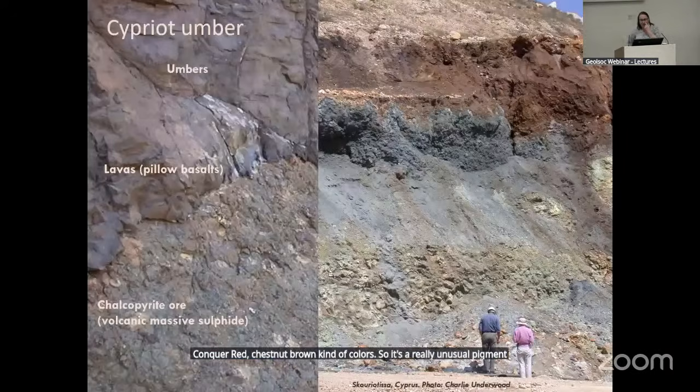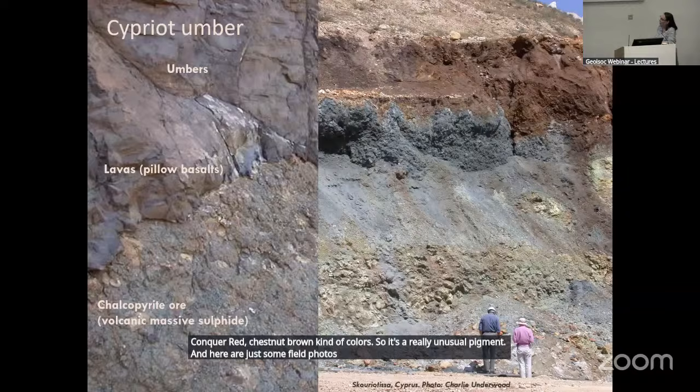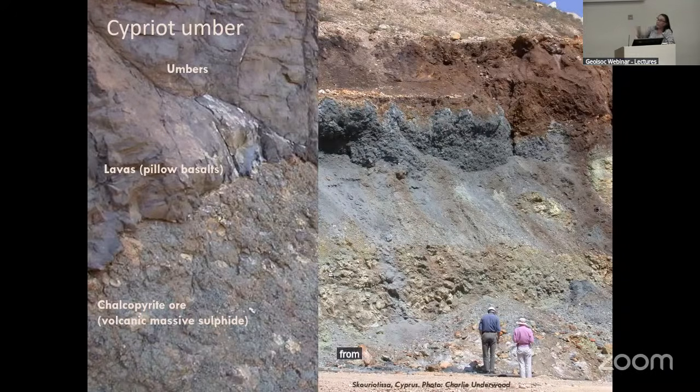And here are just some field photos on your left, a close-up of some of this sequence. We've got pillow basalts from the Troodos Ophiolite on Cyprus, and sulfide ores right at the bottom, then pillow basalts, lavas, and then these umbers on top of them.